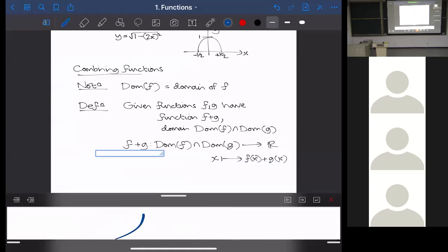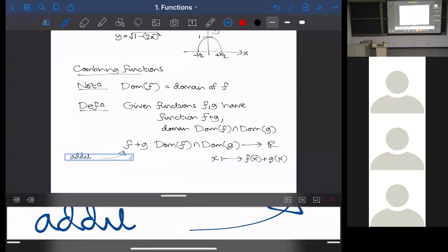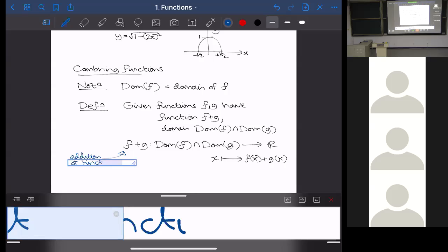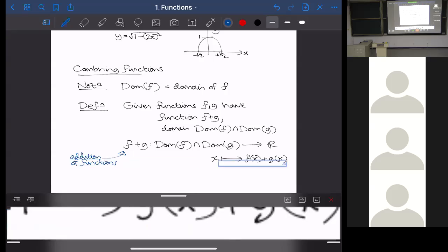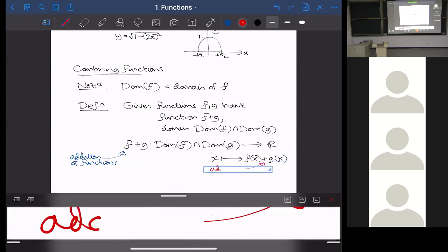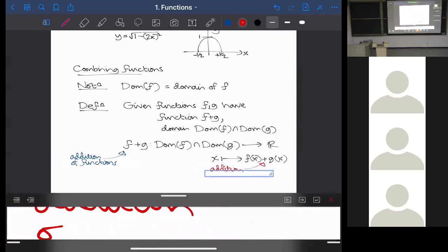So be careful, this plus sign is addition of functions, not numbers. So this plus sign is addition of numbers.